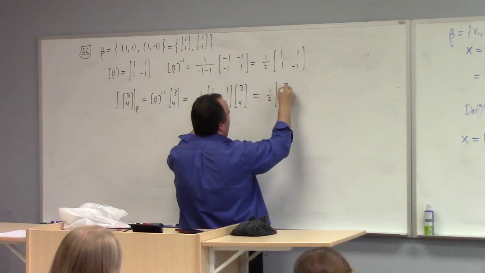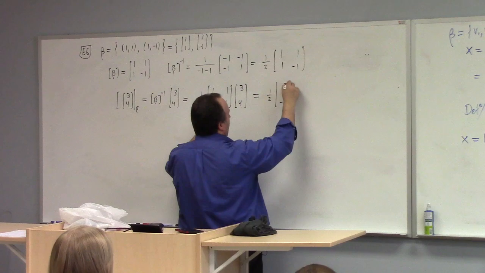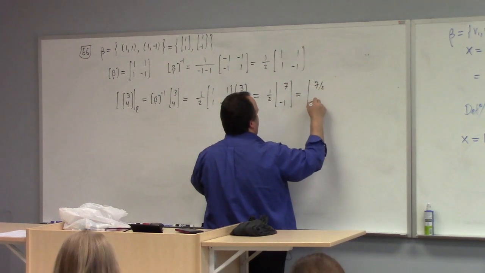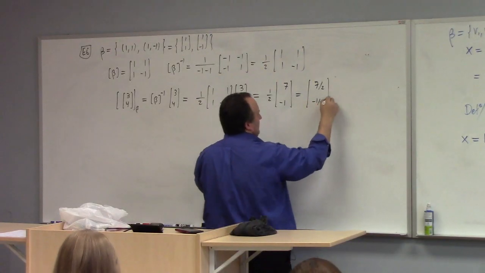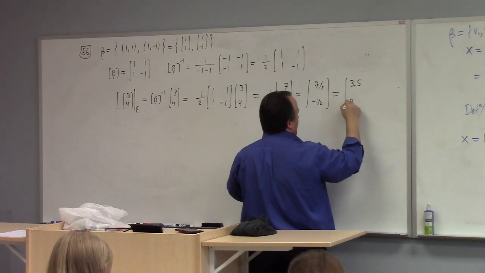So this is 7, and this is, what, minus 1? So that's 7/2 and minus 1/2, right? Or let me write it as a decimal just for the sake of foolishly attempting a picture.